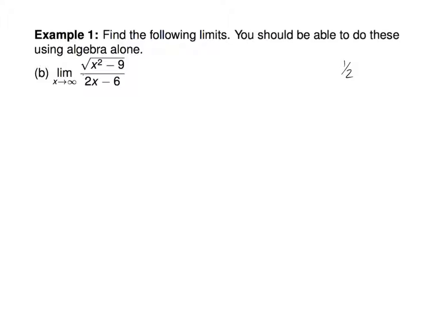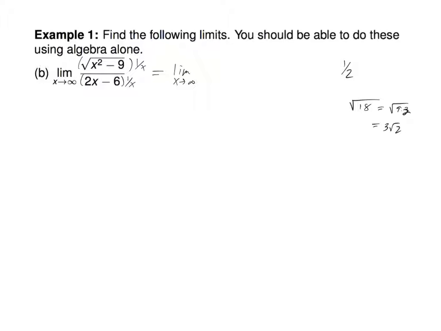So we're going to multiply by 1 over x and 1 over x. And the question is what happens to that 1 over x when it goes inside that root sign? If you have, say, root 18, you simplify that. That's 9 times 2, which is 3 root 2, right?